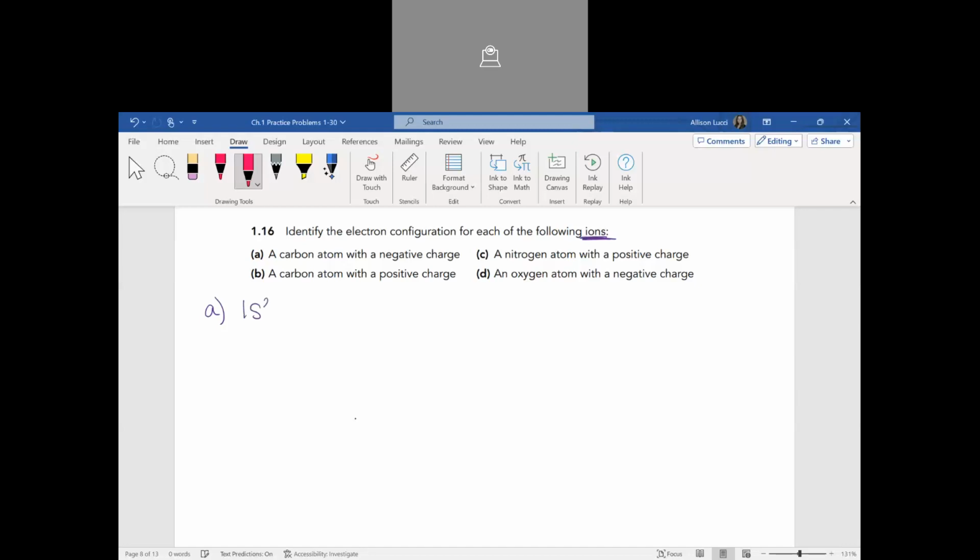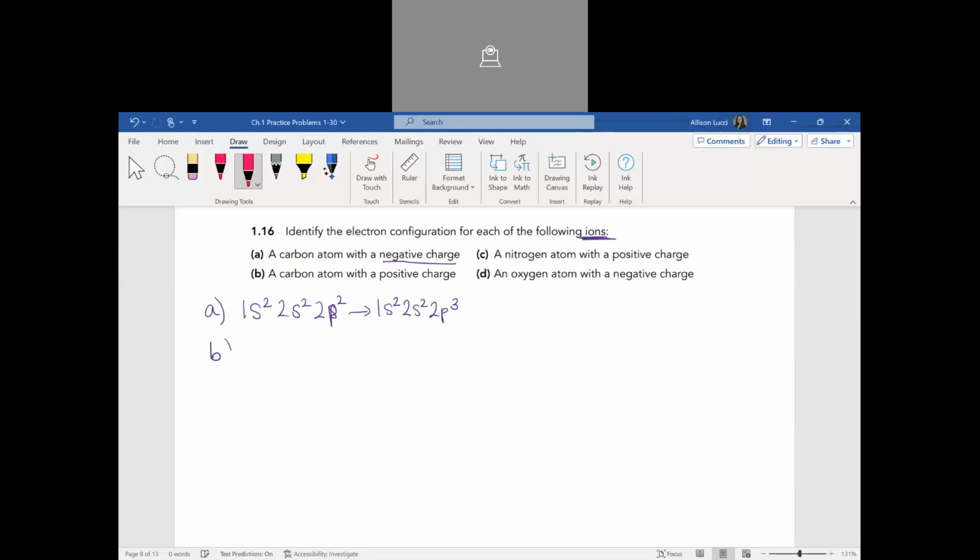We know that's 1s2, 2s2, 2p2 for the last orbital. With a negative charge, we would add an electron. So our carbon with a negative charge, a carbanion, would have 1s2, 2s2, 2p3.